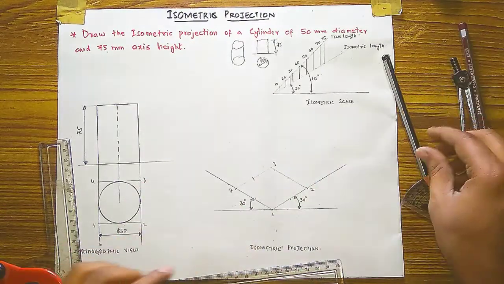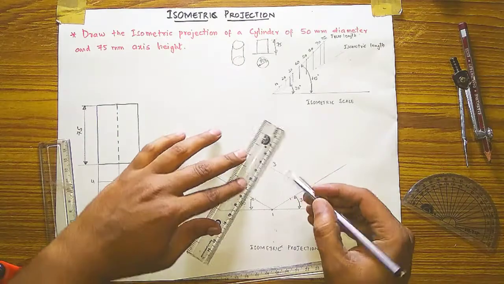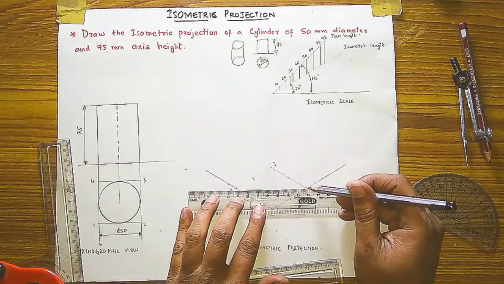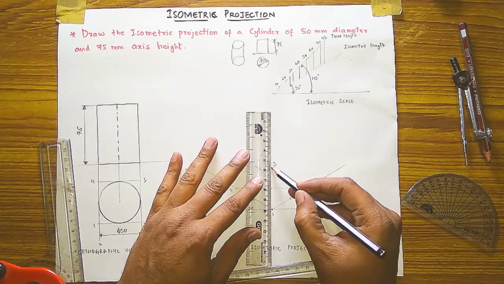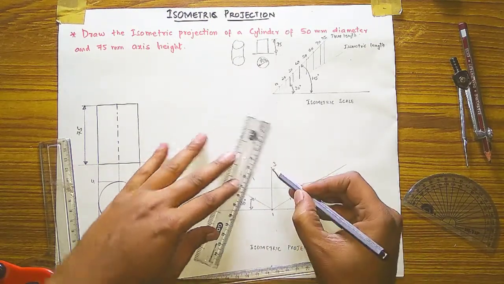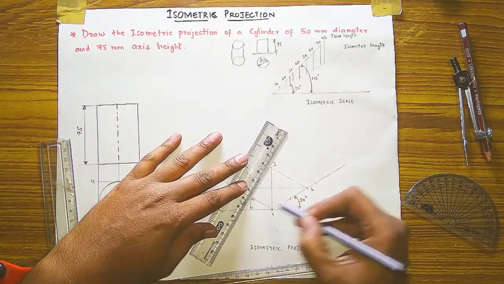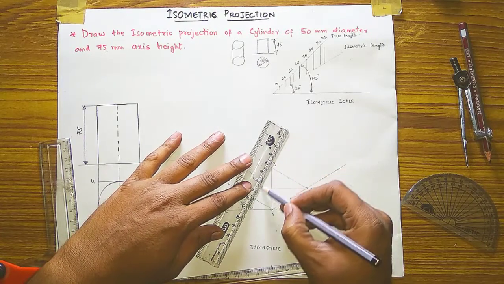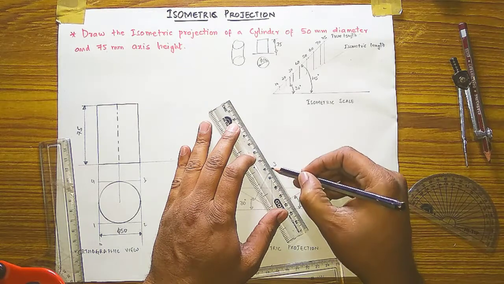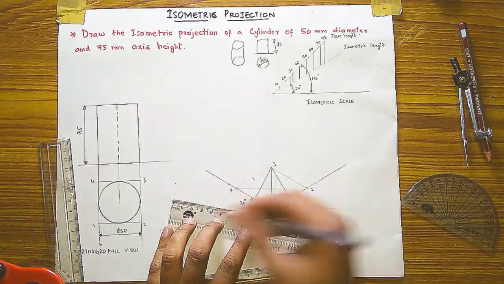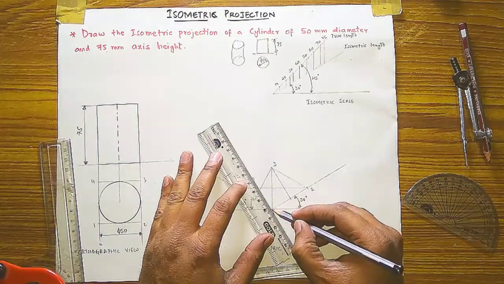Then after that, draw the lines from 4 2 to 4 like this, and 3 to 1 like this, and from these 3 arcs you are having, from there also you have to take the lines, because to draw the base of the prism you have to do this process.